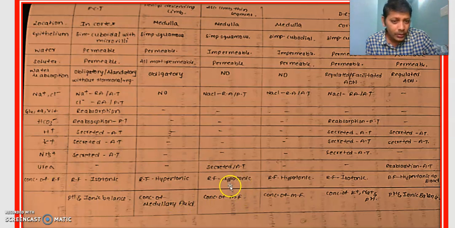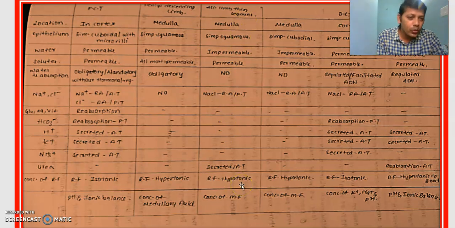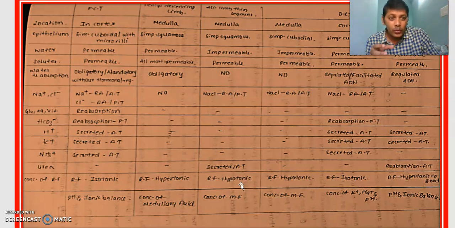What about the osmolarity of the renal filtrate in the thin segment? It gradually becomes hypotonic because it is losing solute, not solvent. It is losing NaCl.